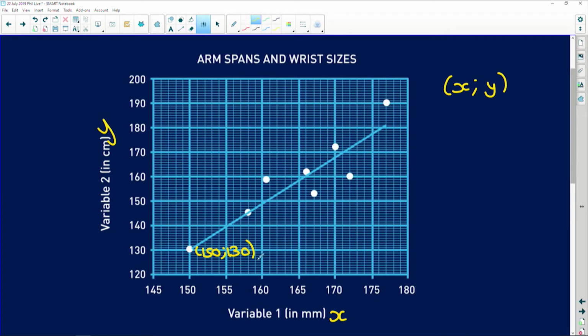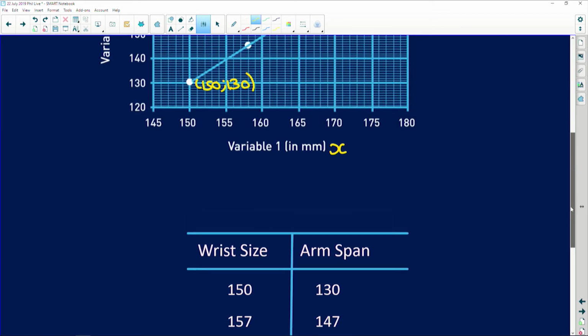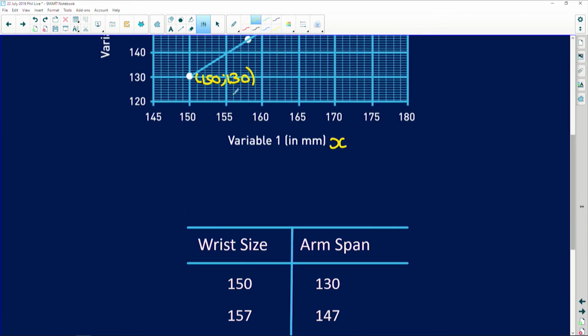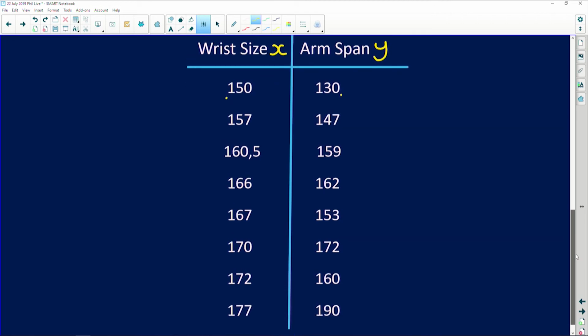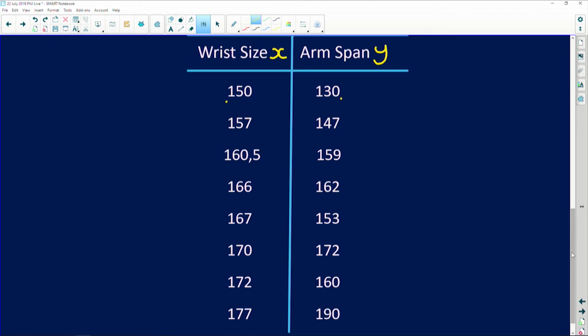You would have to look at each and every one of these points and list their coordinates. Because I'm not going to have enough time, I've laid them out in a table. So like we said, that first point sits at 150 and 130, x and y. And these are the rest of the points. Go through this and check that you got them right.